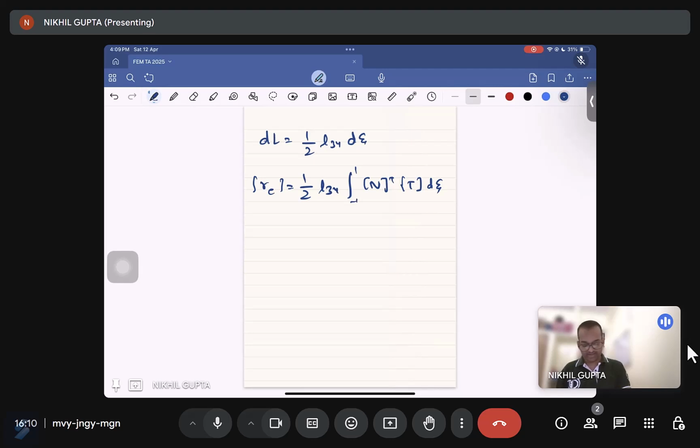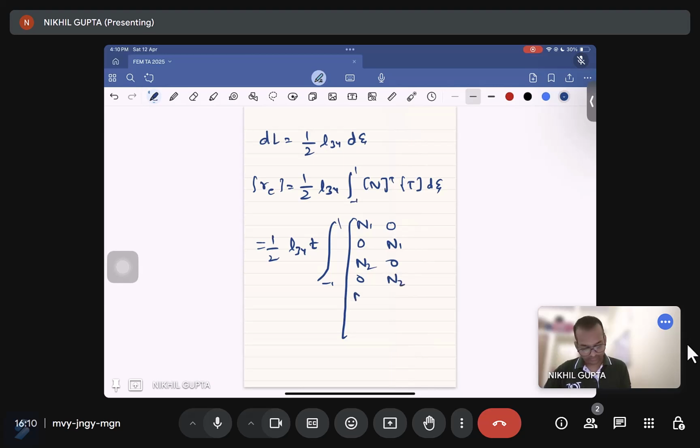So this is the final value of your problem, that will be L34 T times the integral from minus 1 to 1, in terms of shape functions, it will be like this, with tx, ty and that to dxi.